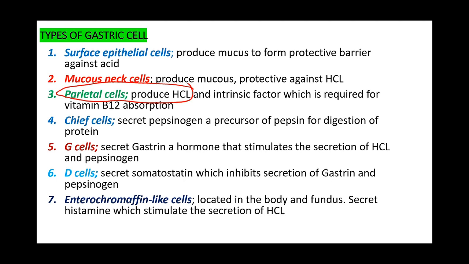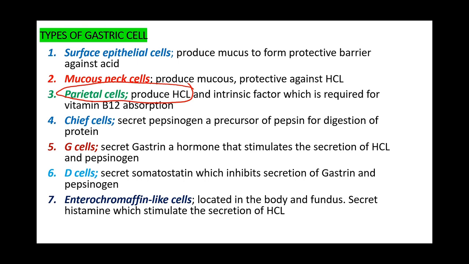The chief cells secrete pepsinogen, which is a precursor of pepsin for digestion of protein. And this precursor pepsinogen requires an acidic medium to be converted into pepsin to exert its digestive function. The G cells secrete gastrin, a hormone that stimulates secretion of HCl and pepsinogen.